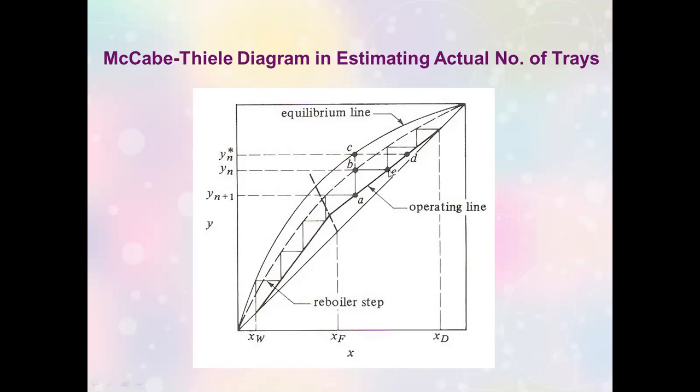Or probably some of you have already read the assigned pages, so you will have an idea on how this is to be answered. So how do you think the actual number of stages will be accounted for using the Murphree tray efficiency, by looking at the diagram that is shown to you now?